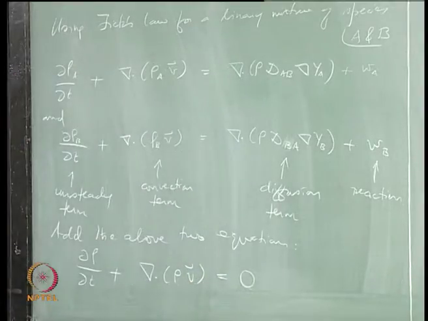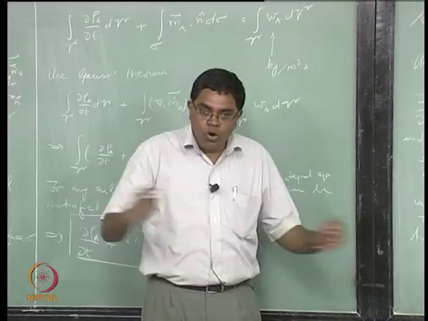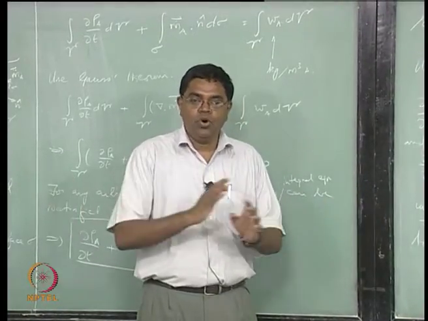And what do we have? Do we recognize this? Yeah. So this is basically your continuity equation of the mixture, as if there was no diffusion going on, no reactions going on.